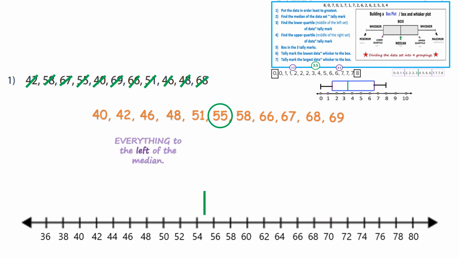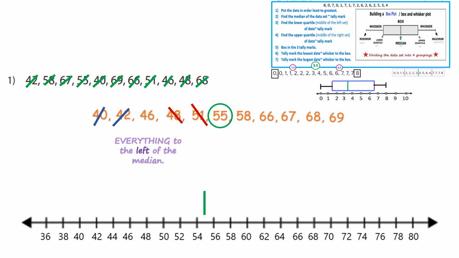My second step, I look at everything to the left of the median. Now this one's different than the example for the image handout, because this one I have circled the median. And since that's a piece of my data, I'm not going to include it to find the median of the lower quartile area. So I'm only going to use the 40 through the 51.